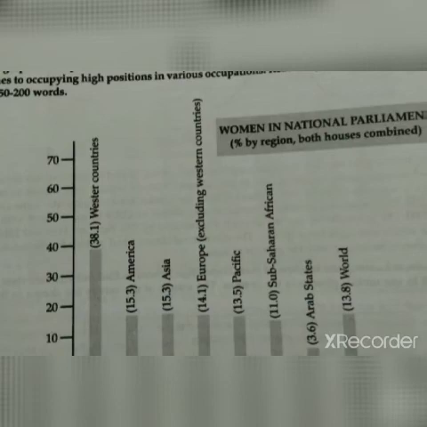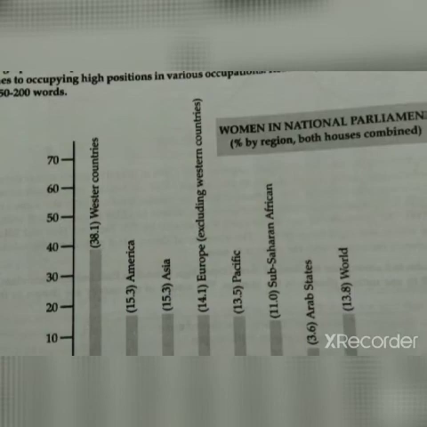The lowest number of women in national parliament can be seen in Arab states, where it is only 3.6%. Percentage is also given in brackets, so you can write that way. The percentage is a bit better in Sub-Saharan Africa, where it is 11%, though it is again very low.